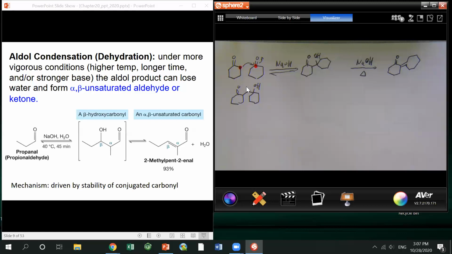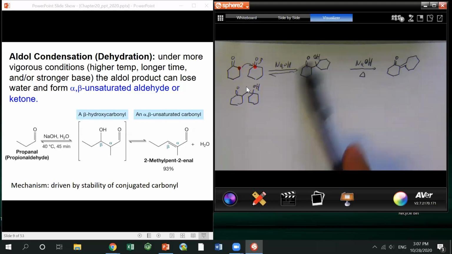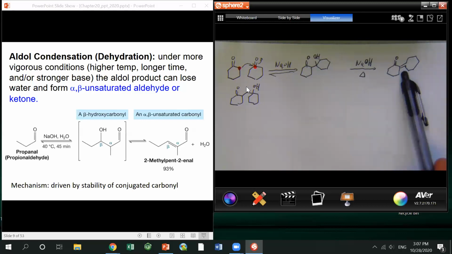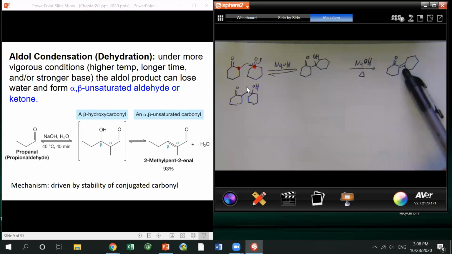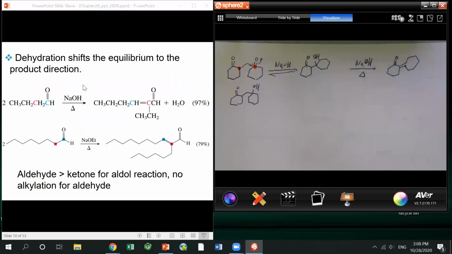All right, so we'll continue at chapter 20. Like I said, most of the time the reaction is pushed to the end and gives what I call an alpha beta unsaturated ketone. The reason is that conjugation stabilizes the final product, giving a more stable product. That's also shown here: dehydration shifts the equilibrium toward the product.